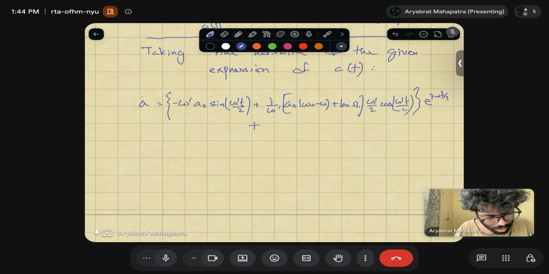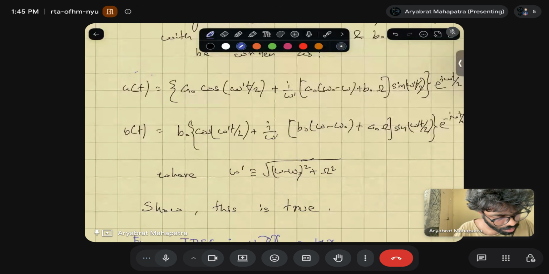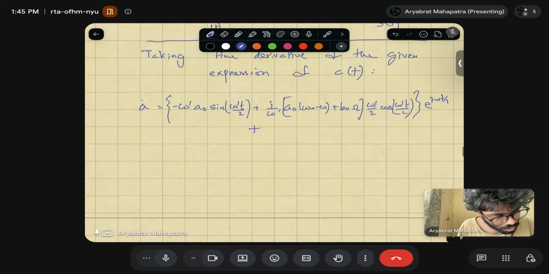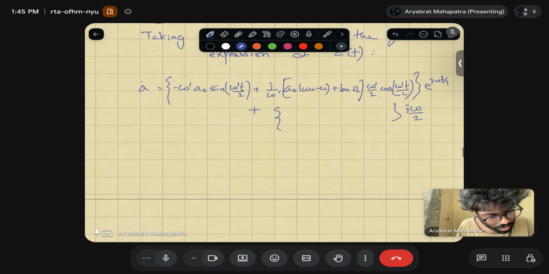Then plus the whole thing times i omega by 2, but this is a of t.